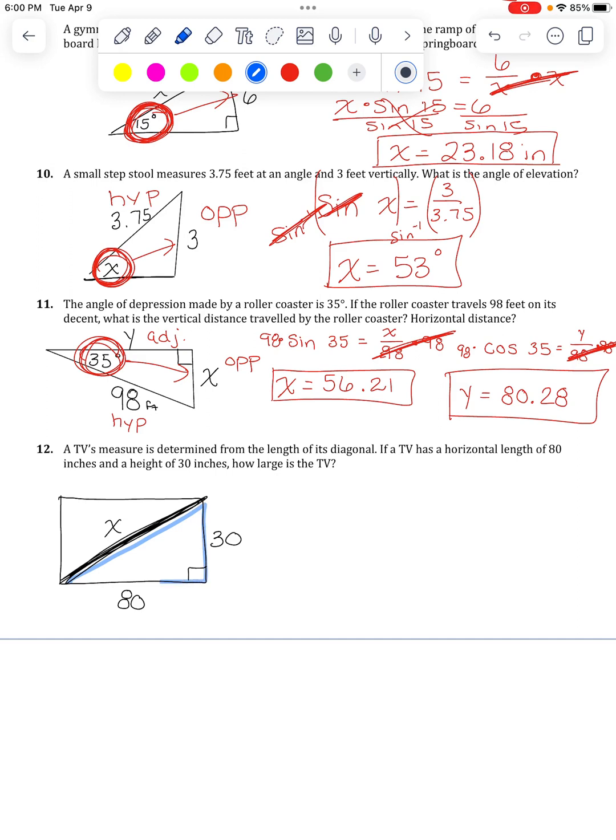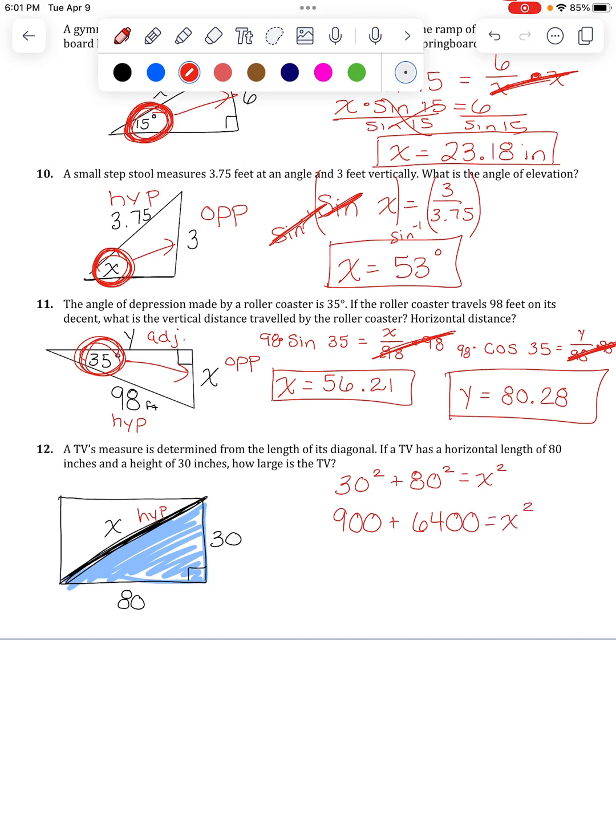Since in my right triangle that's hanging out here, because here's what I'm focusing in on, that's my right triangle, I notice I'm only working with side lengths, so I'm doing Pythagorean theorem. This is my hypotenuse. 30 squared plus 80 squared equals x squared. 30 squared is 900, 80 squared is 6,400.